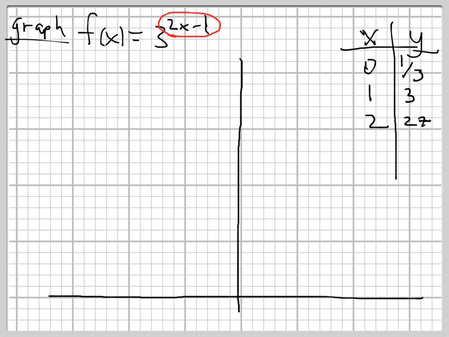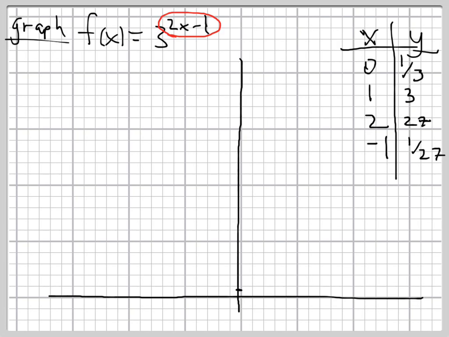Okay, so let's go in the other direction then. Let's see what happens if x is negative 1. Then I'm going to have 3 to the negative 3. That's going to be 1 over 27. So if I just plot these points, 0, 1/3, it's pretty small, that's down there, and it's hard to be accurate using my stylus.